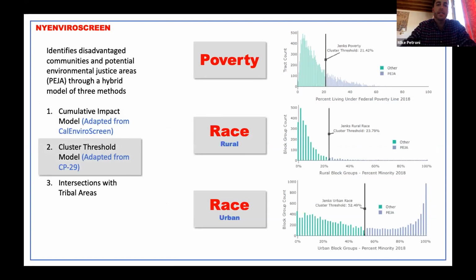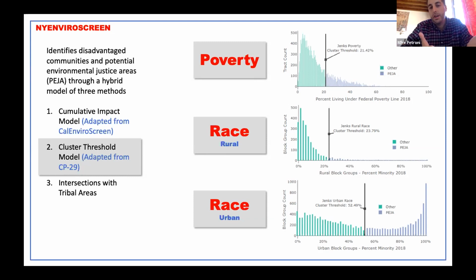The second part of this is a clustering process that was implemented back in 2000 as part of New York's first environmental justice policy. And it's a Jenks natural breaks algorithm that splits the distribution of block groups based on 3 different metrics and creates these thresholds that say if you're above this threshold, you're a potential environmental justice area.